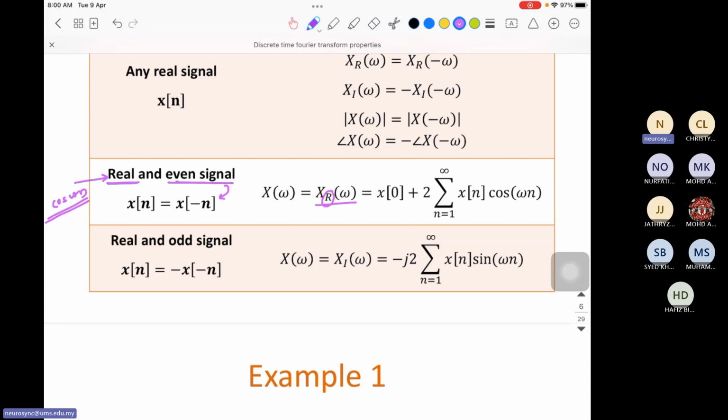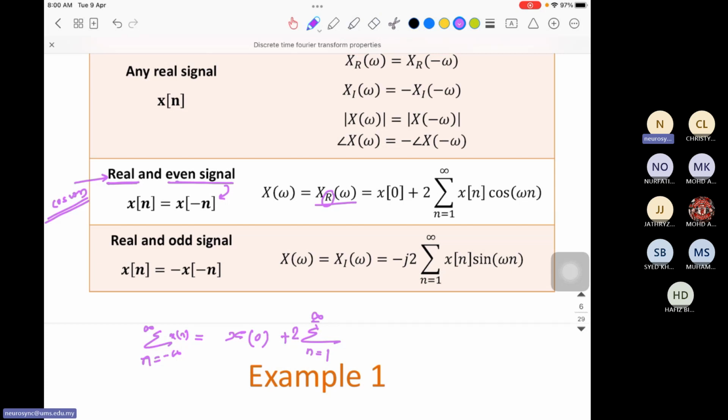Now basically what we do is summation over n equal to minus infinity to infinity. Okay, now this I can split like this. So I can put x of 0 outside, plus I can say this is twice the summation from n equal to 1 to infinity.